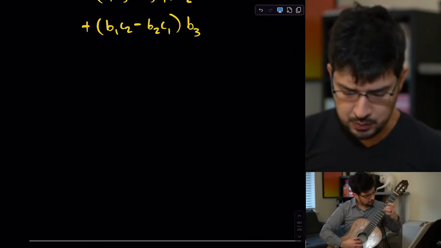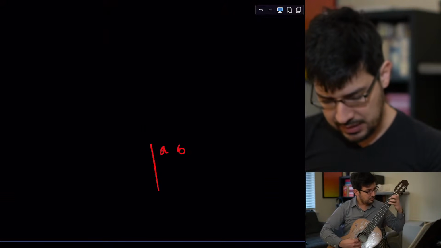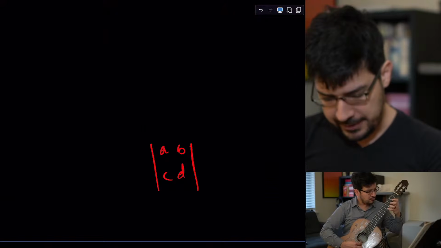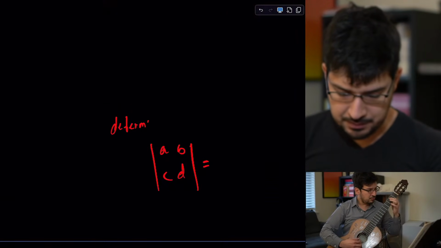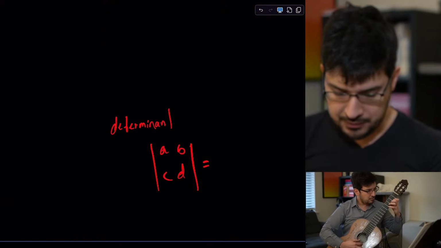For anybody who is new and might be watching this out of curiosity, I used a fact that I didn't explain or justify. This is the determinant of a 2x2 matrix.